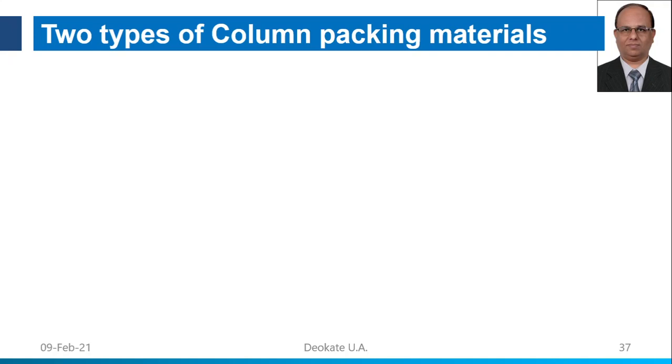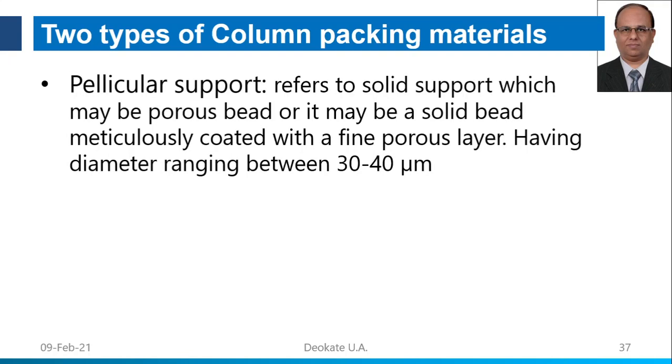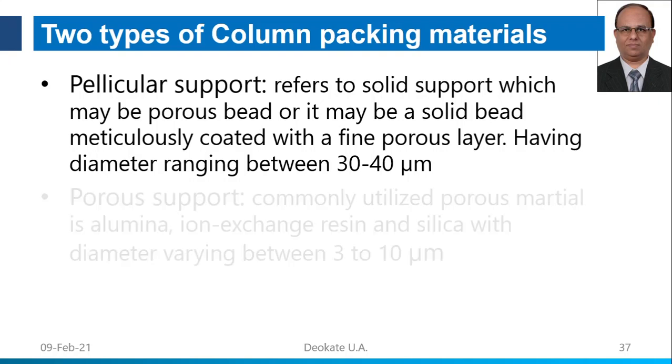There are two types of packings used in HPLC column. One is called a pellicular support, which refers to the solid support which may be porous bed or it may be solid bed meticulously coated with fine porous layer having diameter ranging between 30 to 40 micrometers.